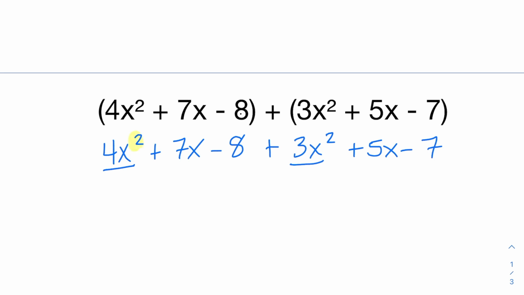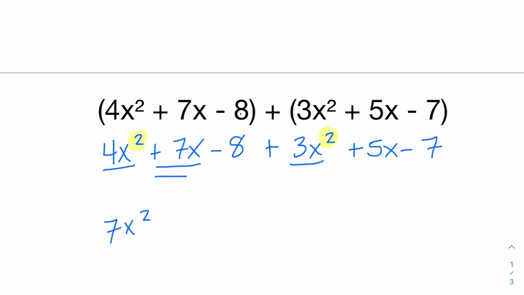And that's important. We don't want to forget about the exponents. So you can't combine x to the first with x to the second with x to the third and so on. You can only combine everything that has an x to the first, everything that has an x to the second in their own groups. So here, the only other term with an x squared is a positive 3x squared. So we do 4x squared plus 3x squared, which gives us a 7x squared.